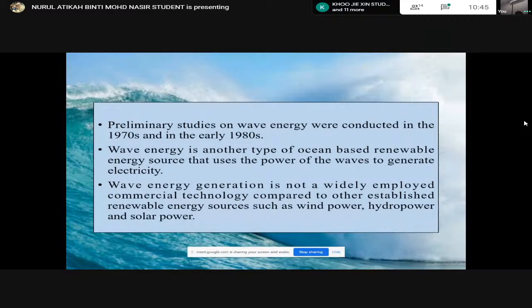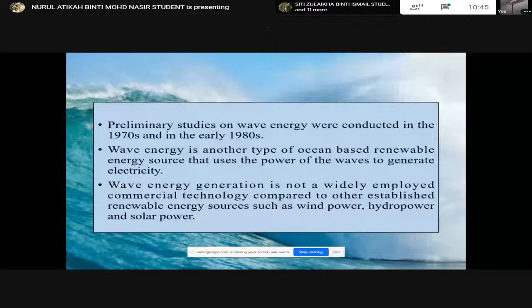Wave energy is another type of ocean-based renewable energy source that use the power of wave to generate electricity. Wave energy generation is not widely employed commercial technology compared to established renewable energy sources such as wind power, hydropower, and solar power.